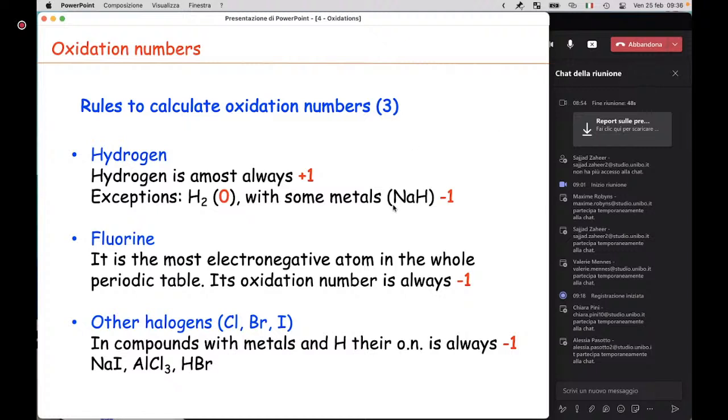So if Na is +1, hydrogen here must be -1 since the molecule is neutral, doesn't have a charge.